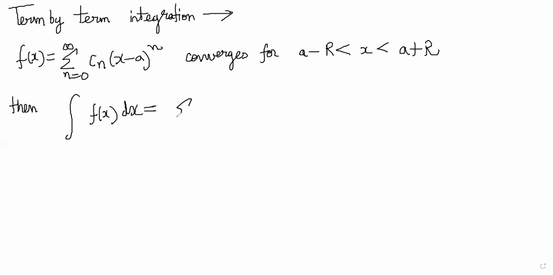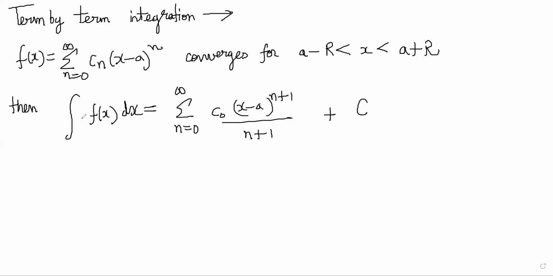So what the series will look like is n is equal to 0 to infinity, now (x minus a) power n integration will be (x minus a) power n plus 1 by n plus 1, and the constant will be there, right? Plus a constant.